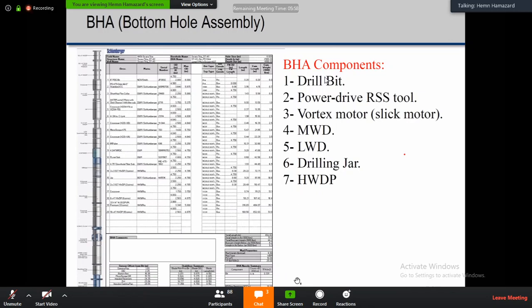We have all these LWD tools, but still many times we've hit faults. And once we hit faults, we can create issues even in the development phase. For example, well number 8 in one area, we still hit the fault and then we hit the water. So now we have to solve that issue with the completion tubing. We need to stay away from the water.